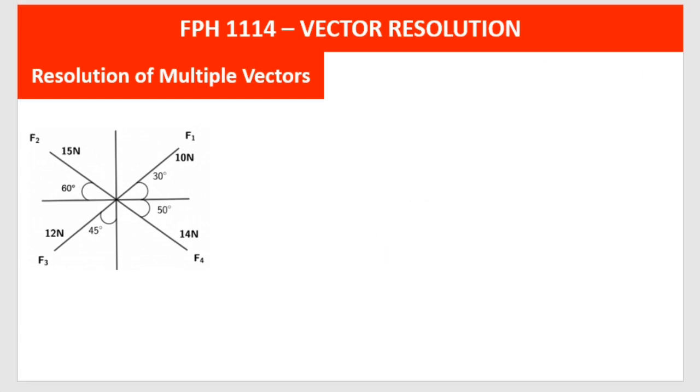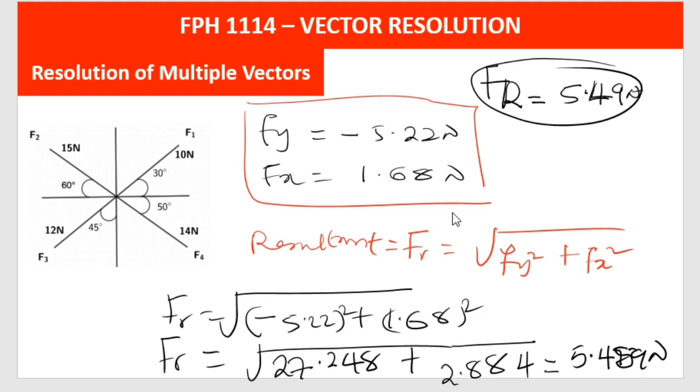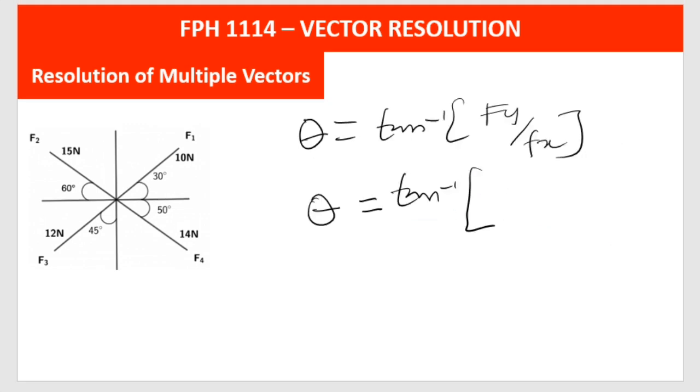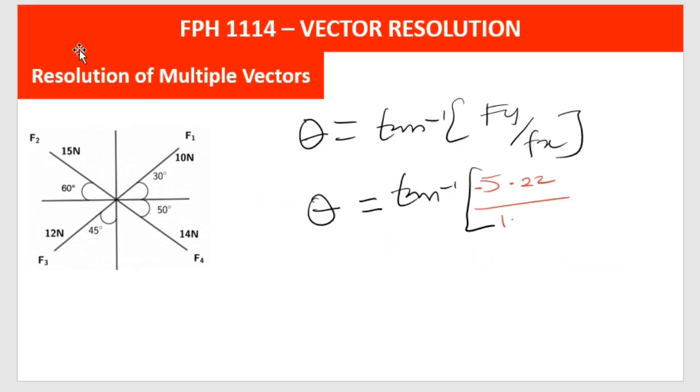So finally, the direction theta is equal to tan inverse of Fy over Fx. So theta will now be equal to tan inverse of minus 5.22 divided by 1.68.